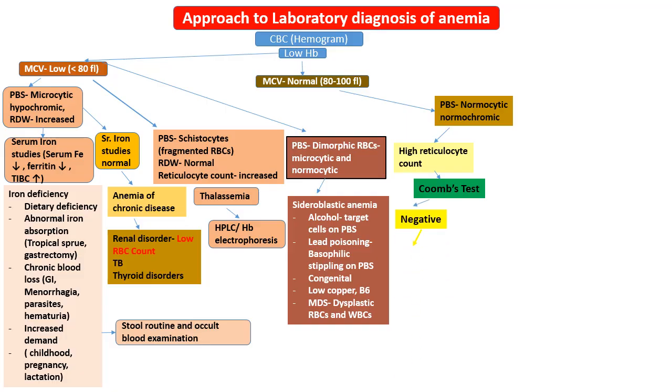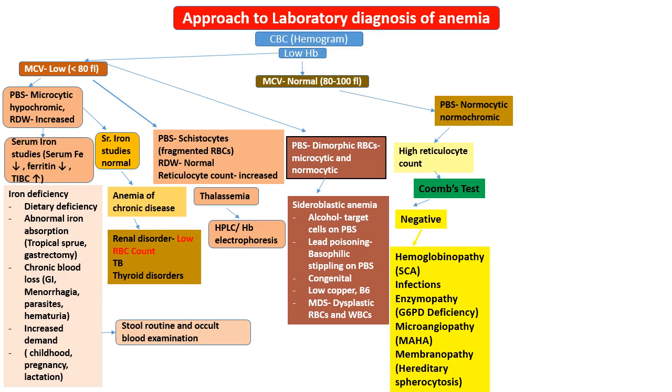The Coombs test, if it is negative, it indicates the causes of hemolytic anemia like hemoglobinopathies. Example is sickle cell anemia, or severe bacterial infections, or enzymopathies like G6PD deficiency, microangiopathy like macroangiopathic hemolytic anemia, membranopathy like hereditary spherocytosis.